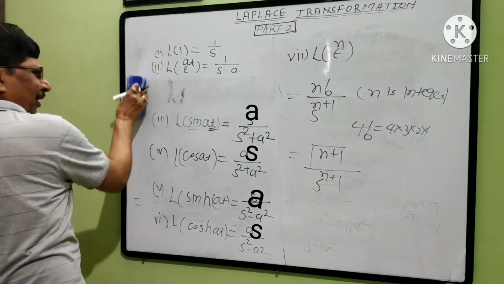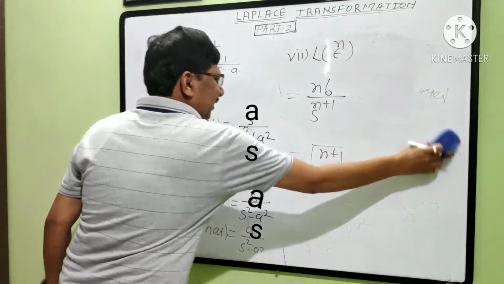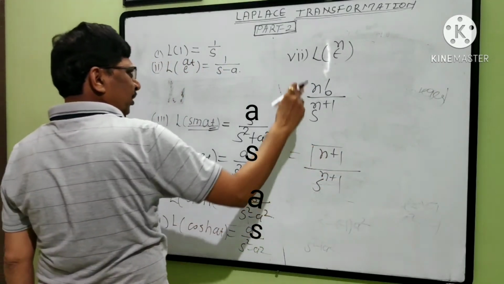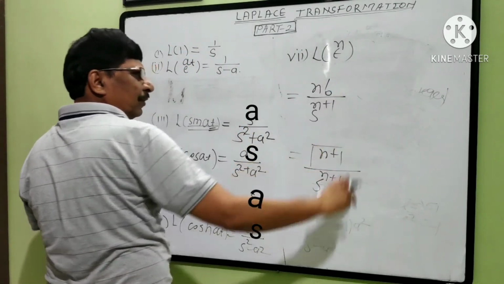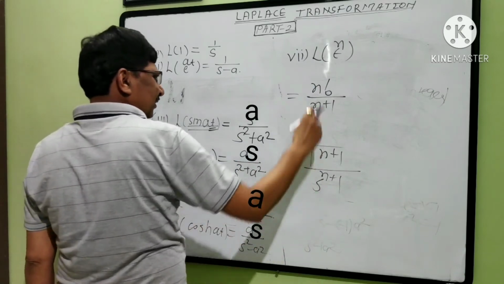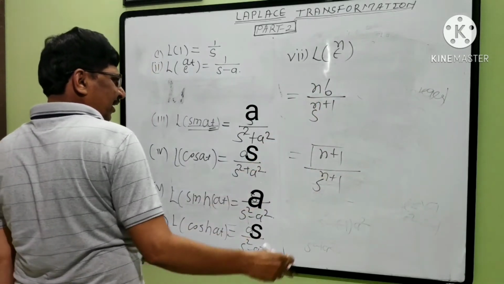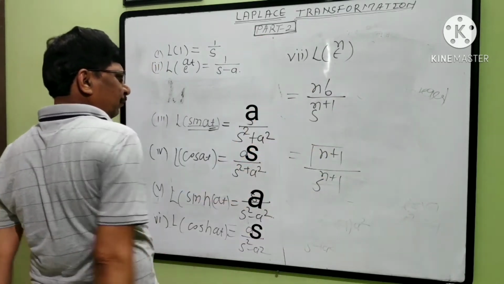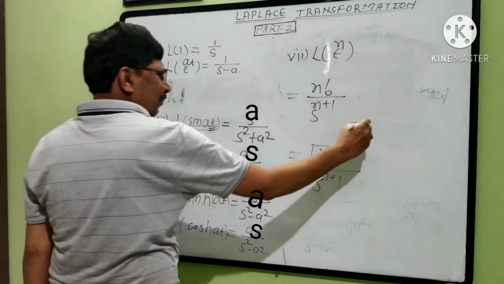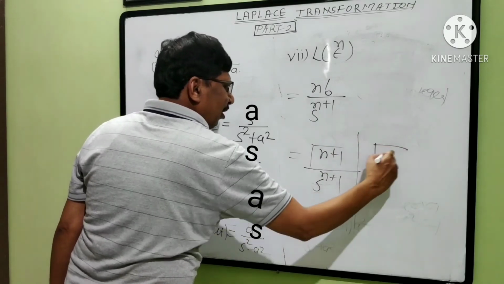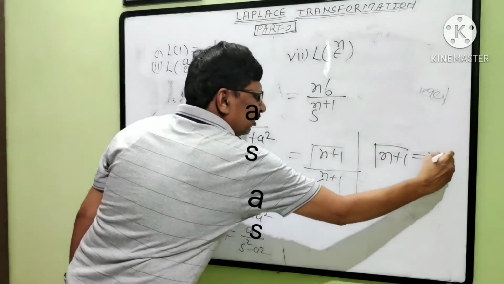This is the general formula actually. The meaning is the same, but we use factorial notation only for positive integers. But if n is any number other than a positive integer, then use this gamma notation. Gamma of n plus 1 means n into gamma of n.